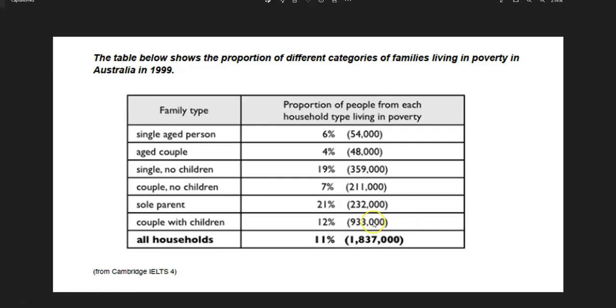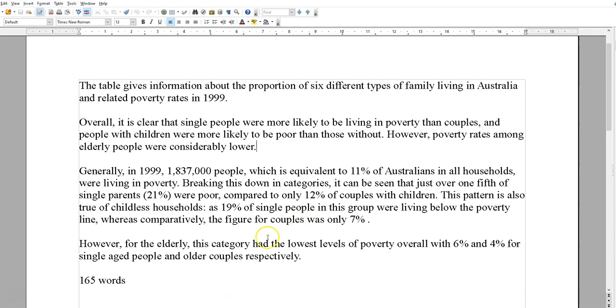It does take a bit of interpretation, but that's what we're going to be doing to get to the bottom of this one. Now, it's only 165 words because there's not a lot to say, but you must include the figures and data, as I say every time. Quite a few people in this particular response have not. So we've got introduction, overview.